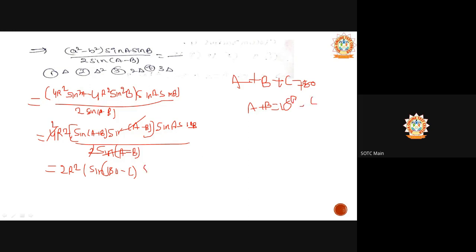So now here it is sine A, sine B there. Then what is sine of 180 minus C? Second quadrant, sine is positive. It is sine C. 2r square sine A sine B sine C. What is this formula? Delta. Very good. Delta, 2 into delta. It is delta. That is area of a triangle. Clear? Yes, sir.